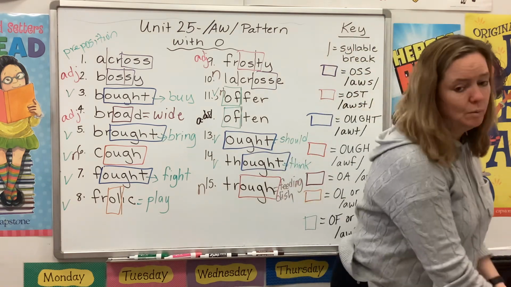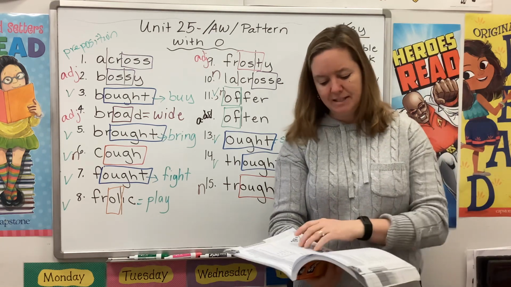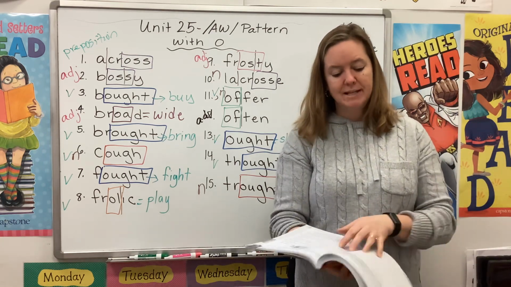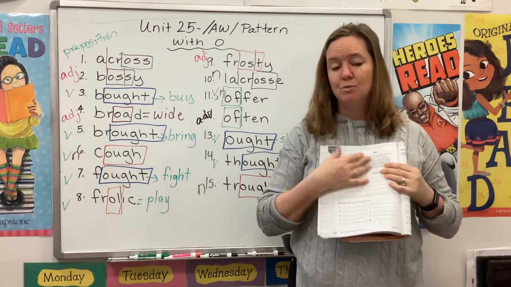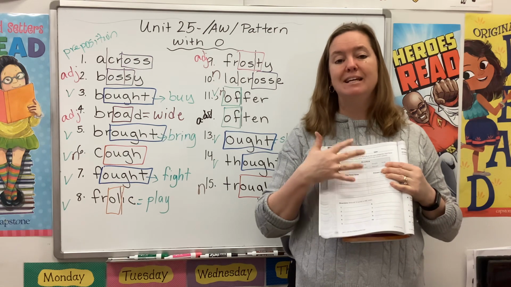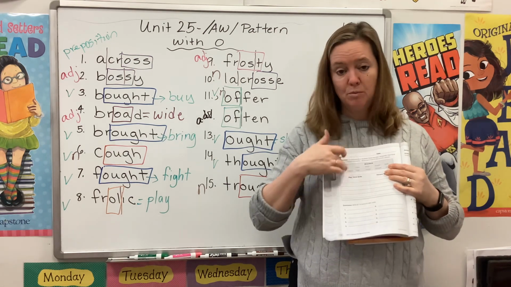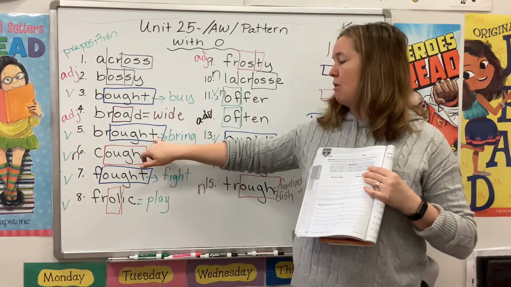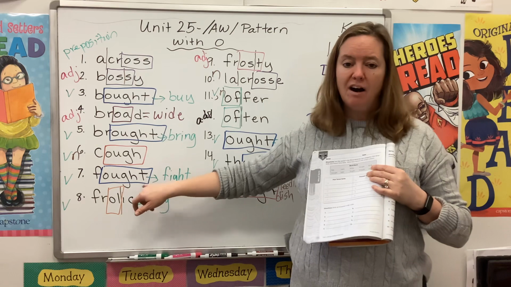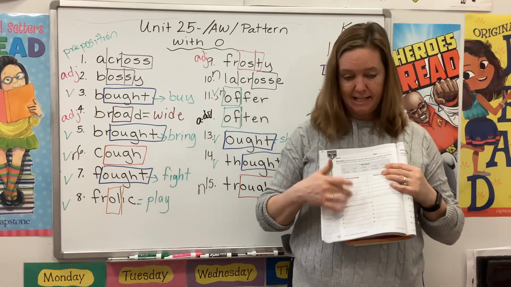Okay, so we talked about what all of our words mean. So now I just quickly want to go over a couple activities with you. When you get to page 158, you are going to review some common irregular verbs. You're going to look at your word bank, and if it's a past tense verb like brought or bought or fought, if it describes something that already happened, you're going to put it here.